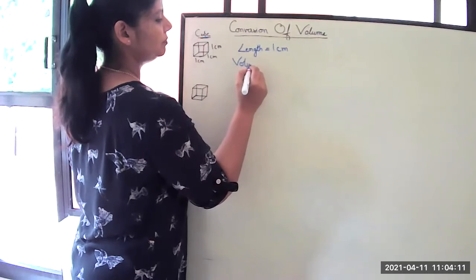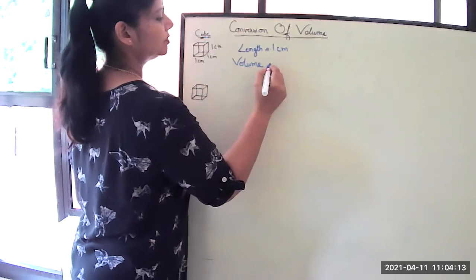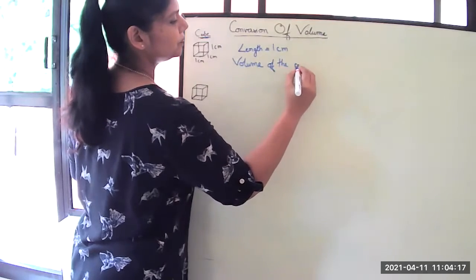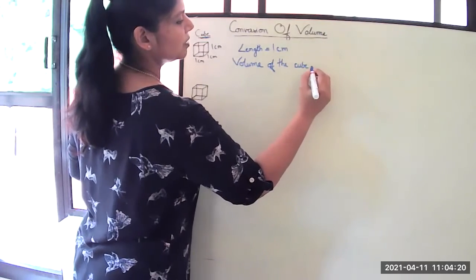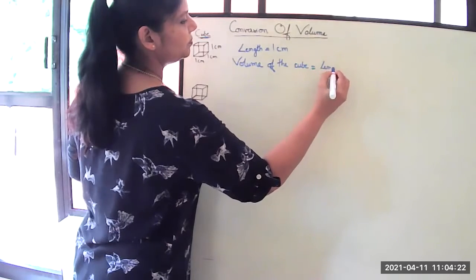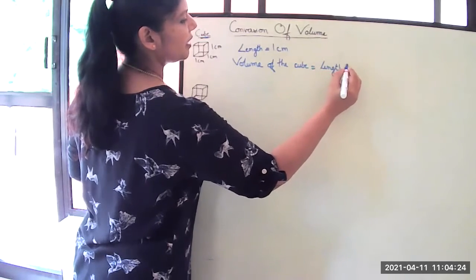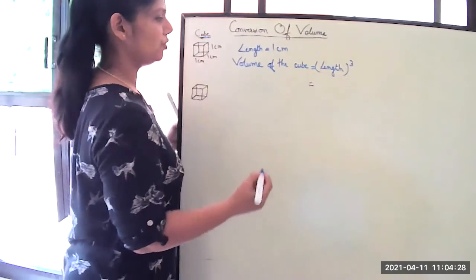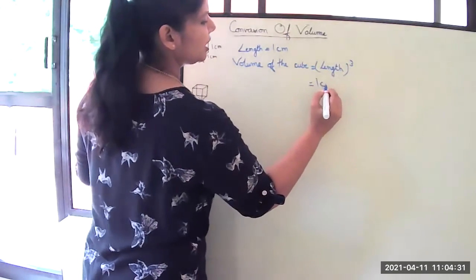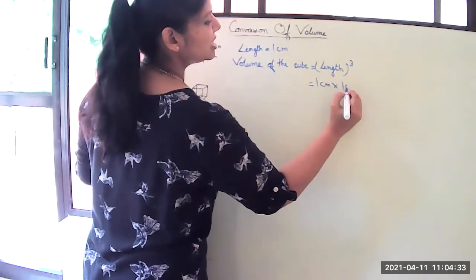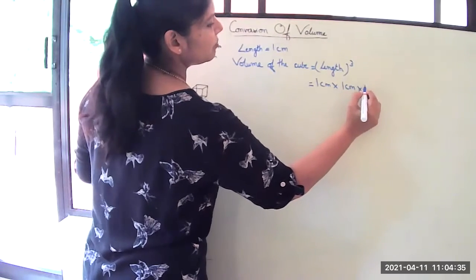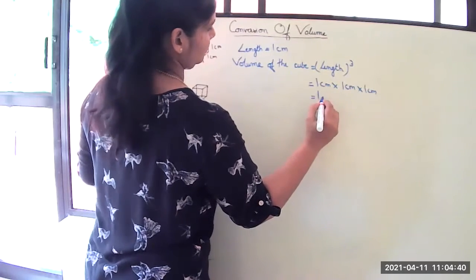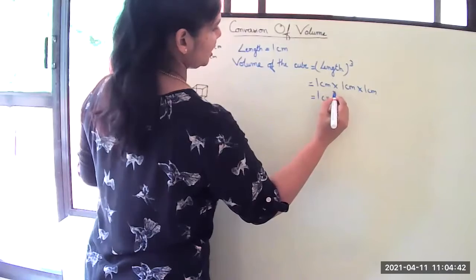Volume of the cube is length, the whole cube, that is equal to 1 centimeter multiplied by 1 centimeter multiplied by 1 centimeter. That is equal to 1 centimeter cube.